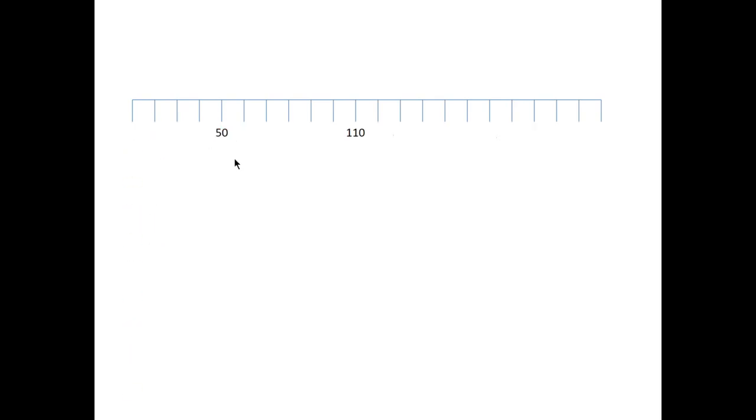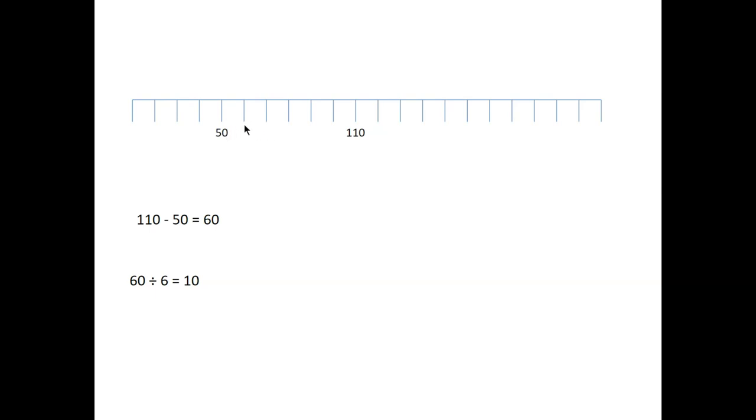Here's another one. This time it's 110 minus 50. That's a distance or difference of 60 values. There are 1, 2, 3, 4, 5, 6 spaces. So we have to divide 60 by 6. So that tells us this time that each of these are going up in 10.